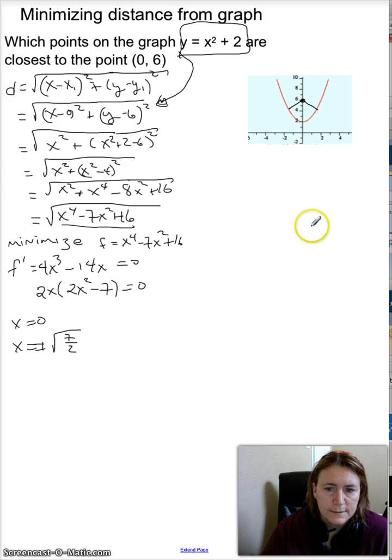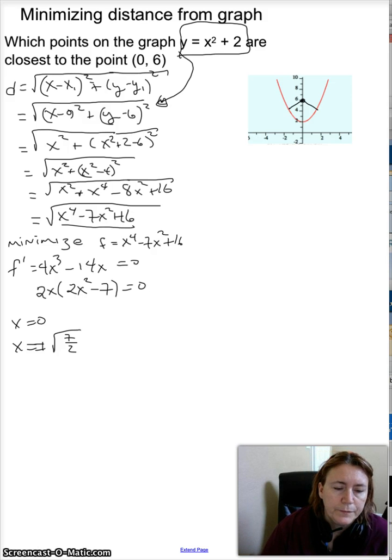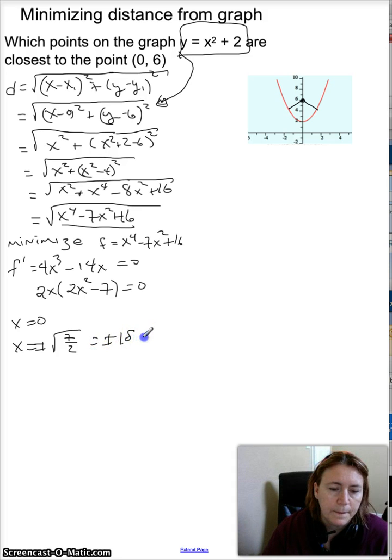The square root of 7/2 is about what? I don't know what that is off the top of my head. Oh, it's 1.87. Did I get that right? Yeah, 1.87. All right, so let's test our points.